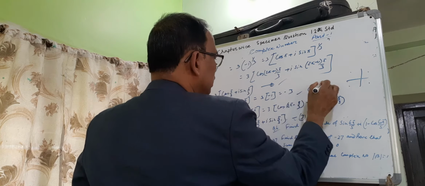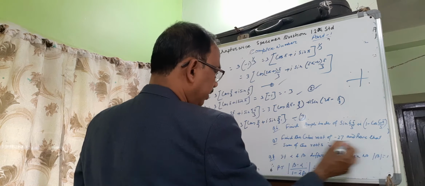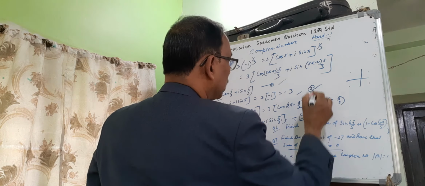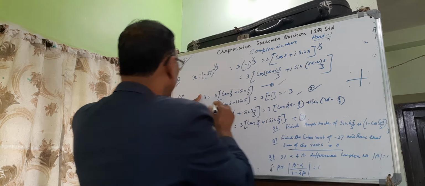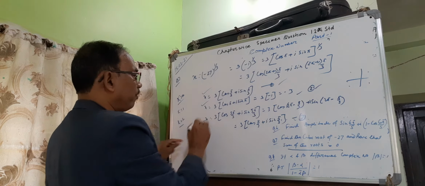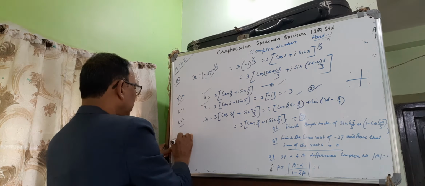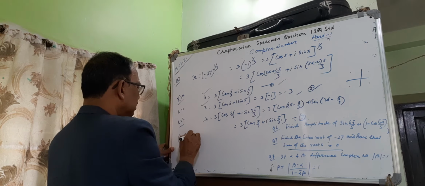Now find the proof that the sum of the roots is 0. This is the first root, second root, third root, and the value of the sum is 1 plus 2 plus 3.